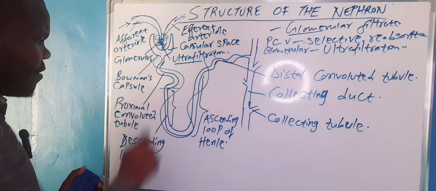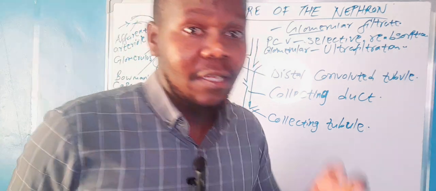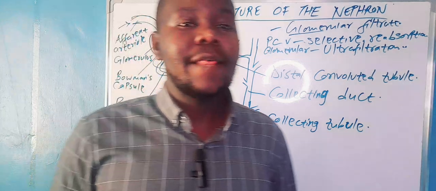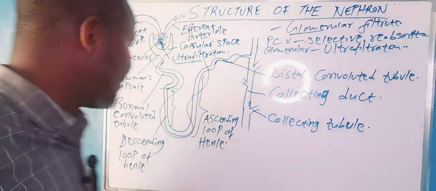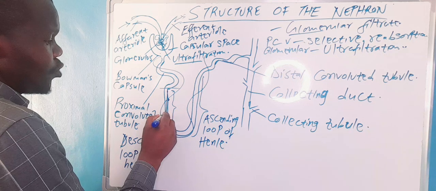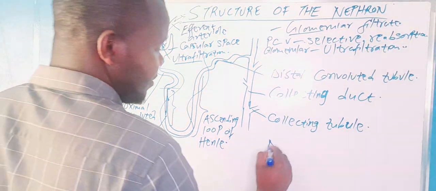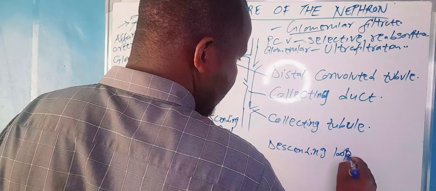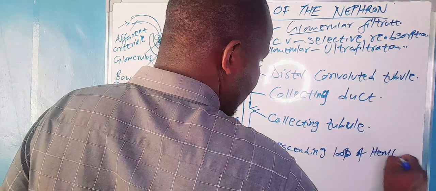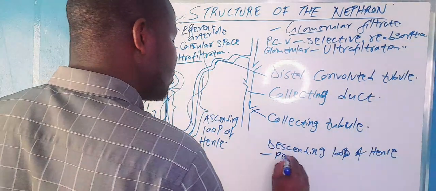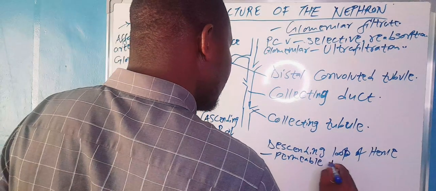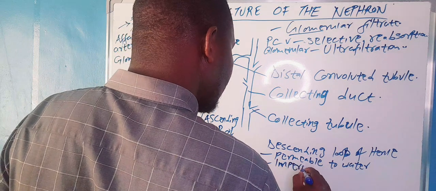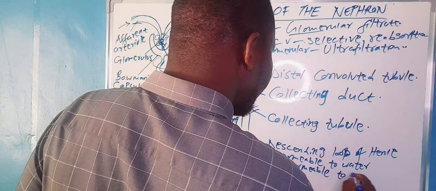From this point, the remaining glomerular filtrate will flow down to the descending limb of the loop of Henle, then to the ascending limb. So what happens at the descending limb? It's permeable to water and impermeable to ions.